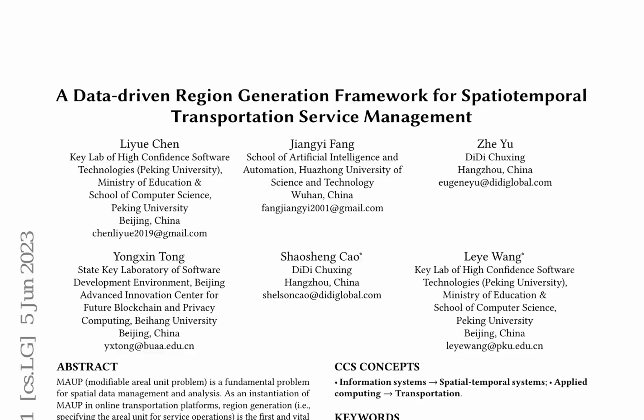Data-driven region generation frameworks are crucial for spatiotemporal transportation service management. These frameworks involve partitioning graphs into balanced connected classes, addressing the modifiable areal unit problem, and utilizing deep learning for traffic prediction. A key challenge in spatiotemporal traffic prediction is achieving generalizability. To this end, metamodeling and an analytic framework can be employed.